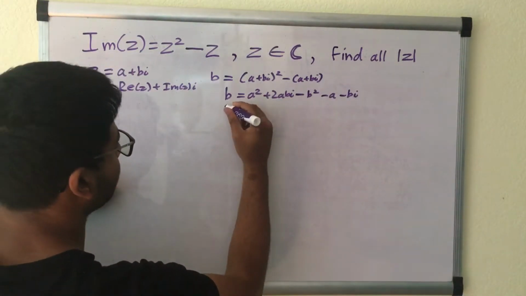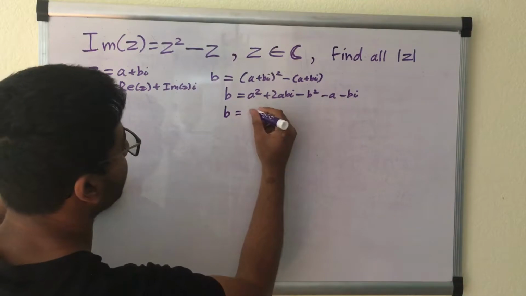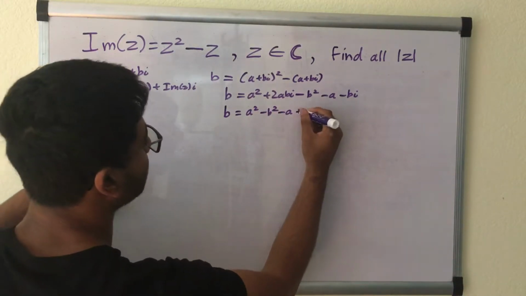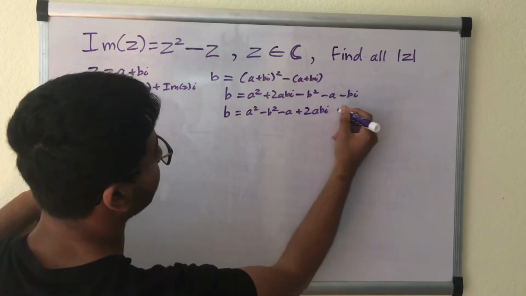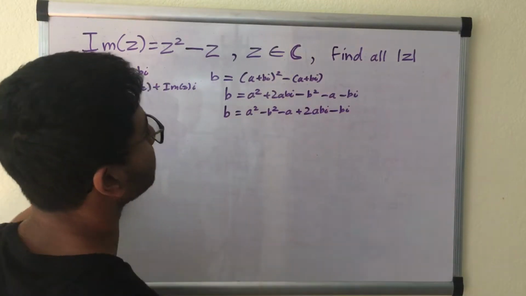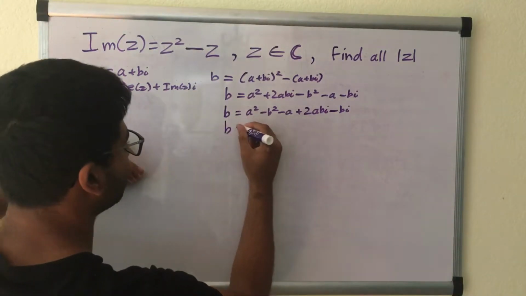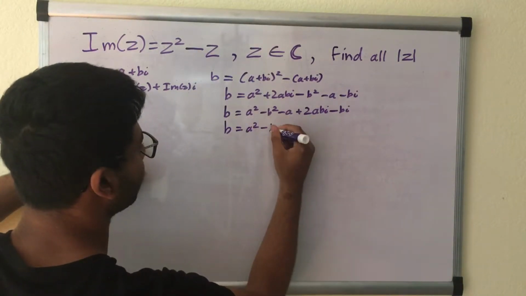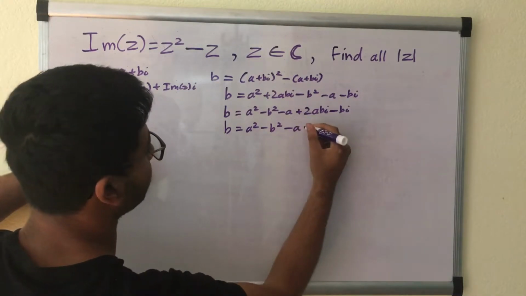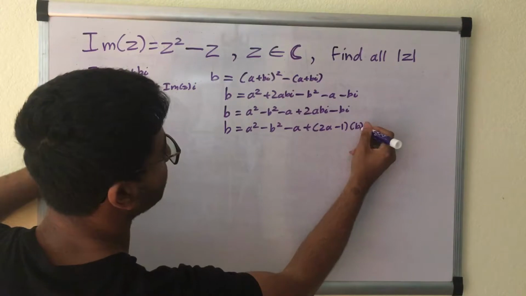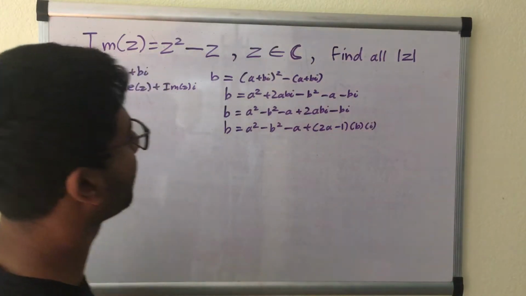So we get b is equal to a squared minus b squared minus a plus 2abi minus bi. We can factor out a bi from those terms, so we get b is equal to a squared minus b squared minus a plus (2a minus 1) times b times i.